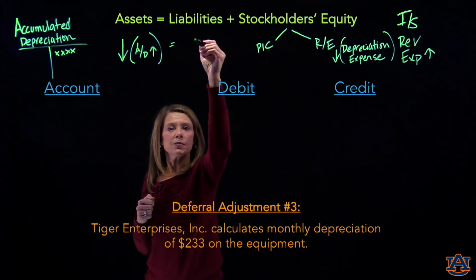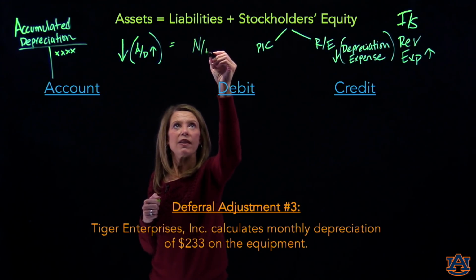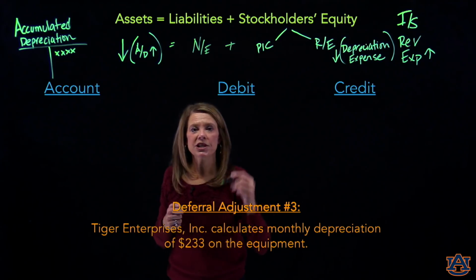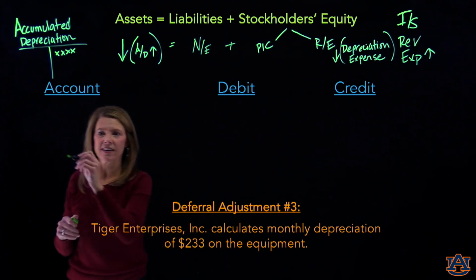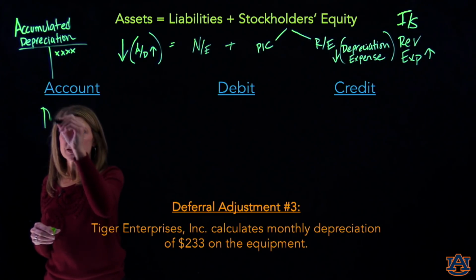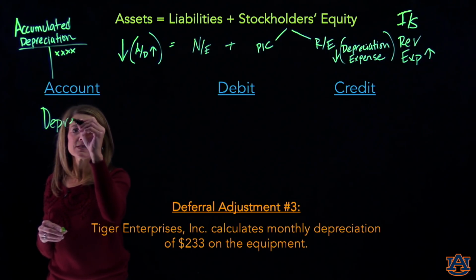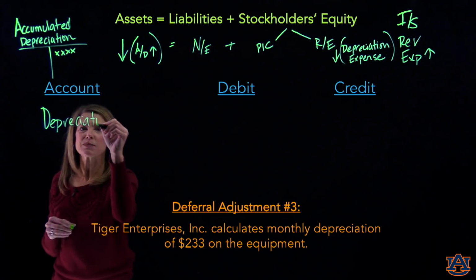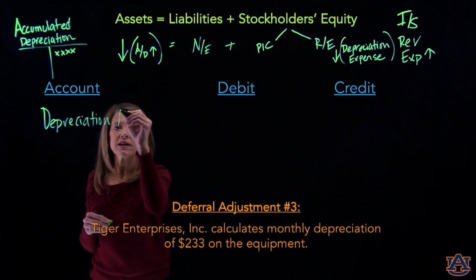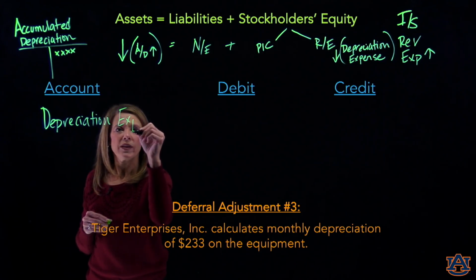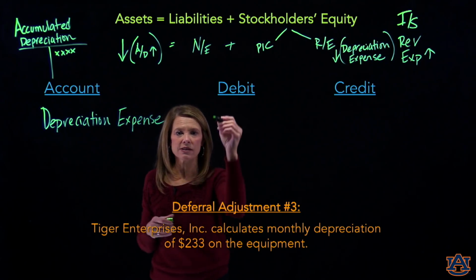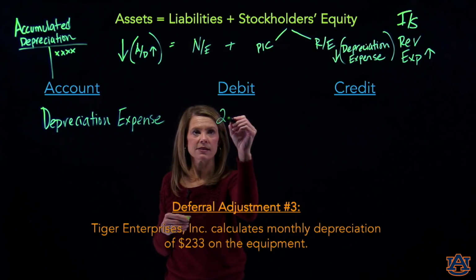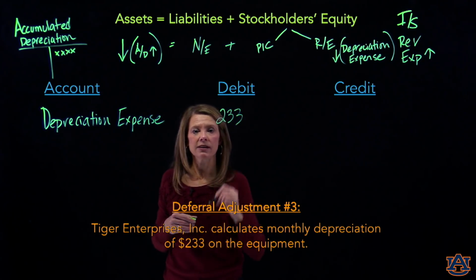Okay, so every time that we record depreciation expense, the structure of that journal entry is going to look exactly like this. We have an expense, it's called depreciation expense. We're going to debit it because expenses are always debited when they are going up. And we need to recognize additional expense related to these fixed assets of $233.